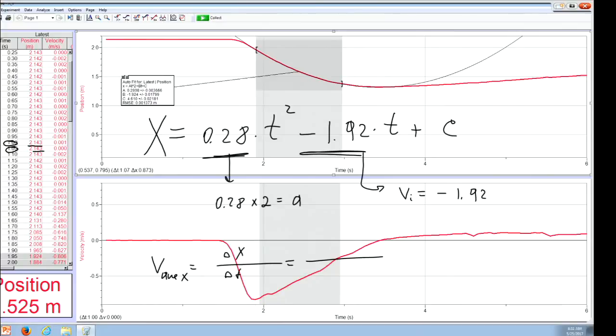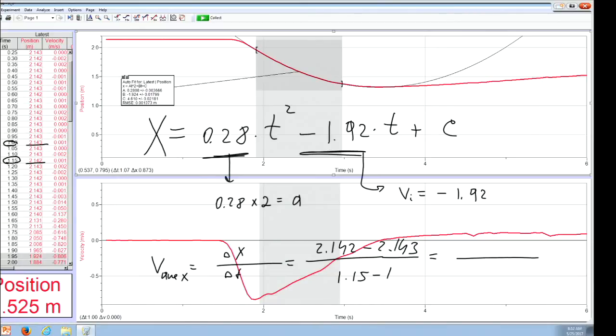The position practically didn't change, so I want to take 1.3 and 1.15, so 2.142 minus 2.143 divided by 1.15 minus 1.